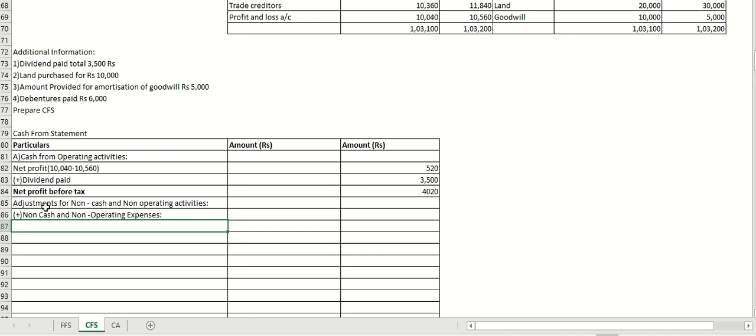The only non-cash expense that we have is the goodwill written off. So goodwill is written off to the extent of 5,000.